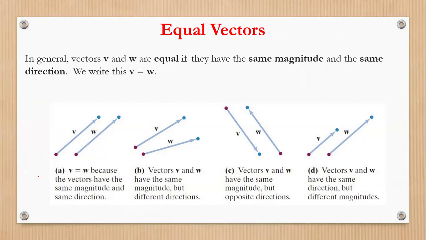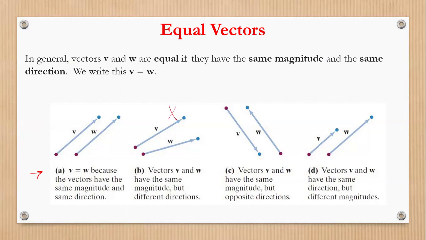As you see in part A, these two vectors are called equal because they are in the same direction and they have the same magnitude, same length. But in part B, the vectors have the same magnitude or the same length, but with different directions, so they are not equal.